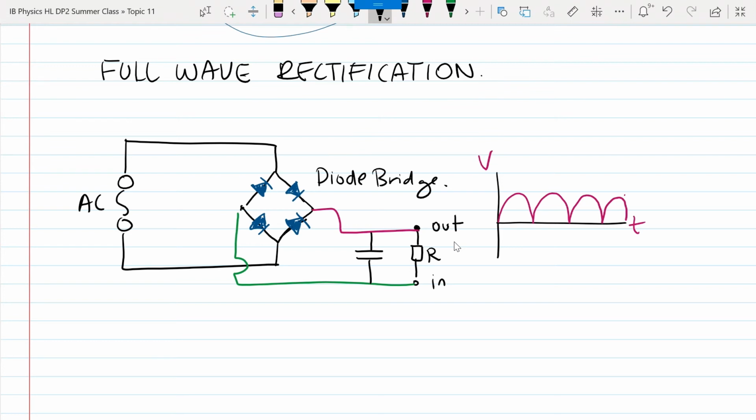Okay, so let's look at how the charges move, right? Basically, the voltage is going to go up to the peak, right? So this means a current is flowing through here. Part of it goes here and charges the capacitor, right?